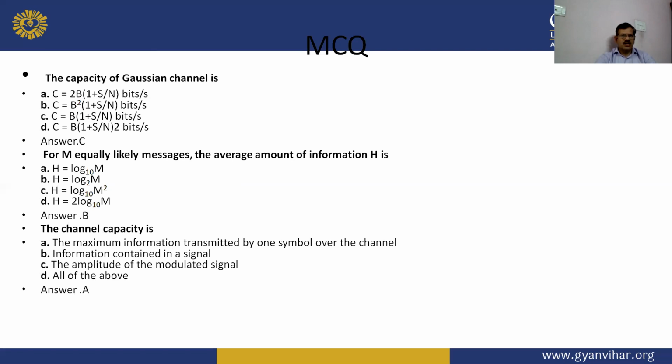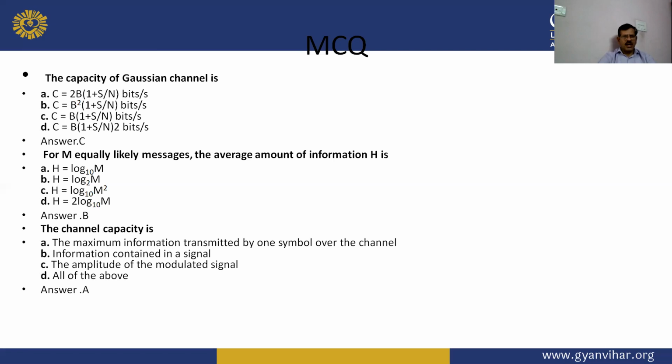So here the capacity of the Gaussian channel is C equal to B log(1 plus S upon N) bit per second. So the correct answer is option C.